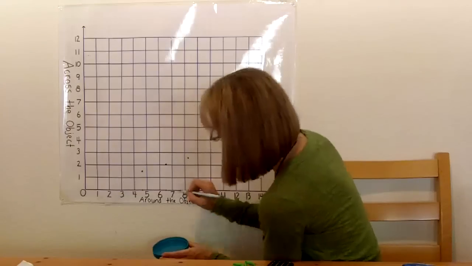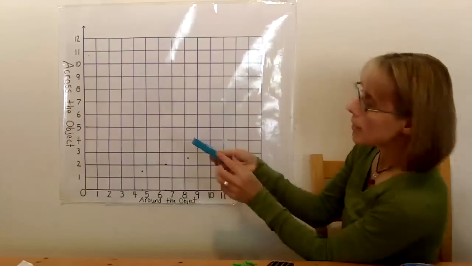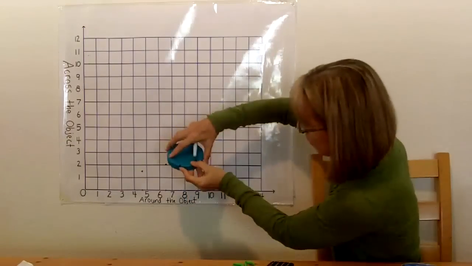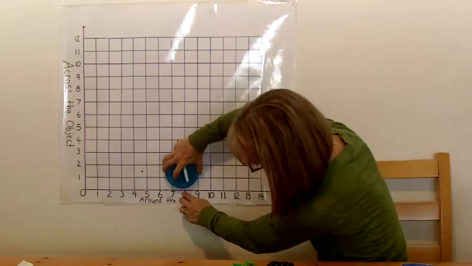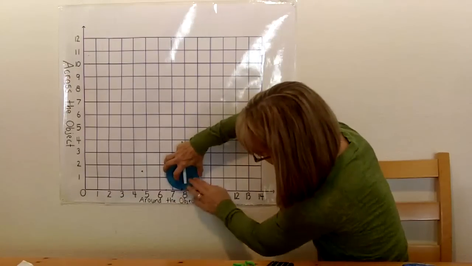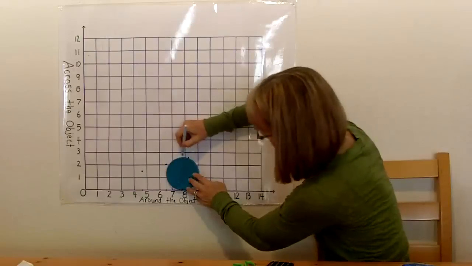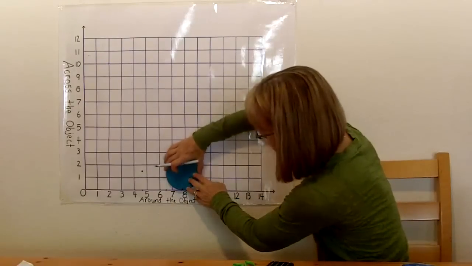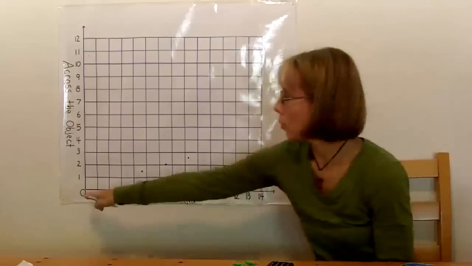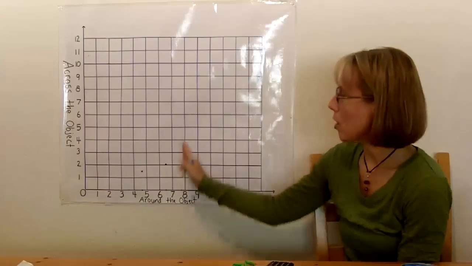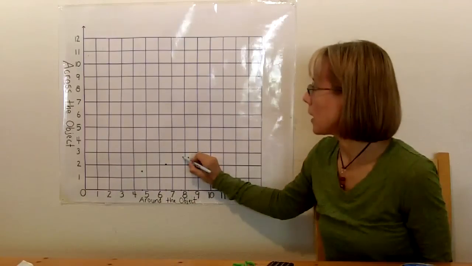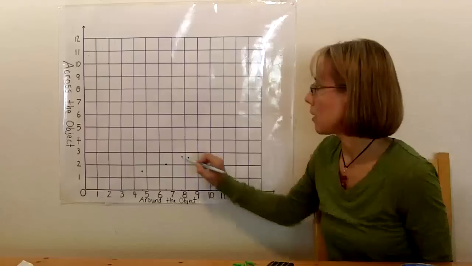Okay, it ended up about right there. So now I'm going to take that exact same mark, and I'm going to put it right on that line, and I'm going to measure across the object. So we go right there. Okay, so around the object and then across the object, and I'm actually plotting a point, and there it is.